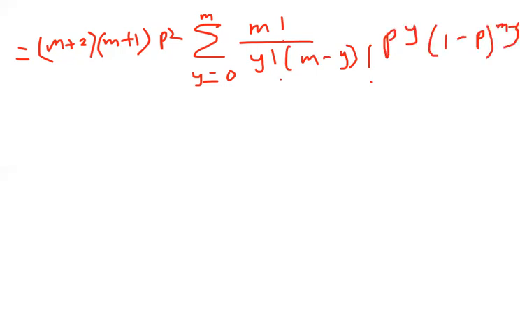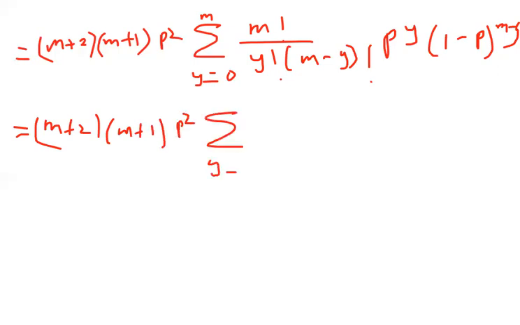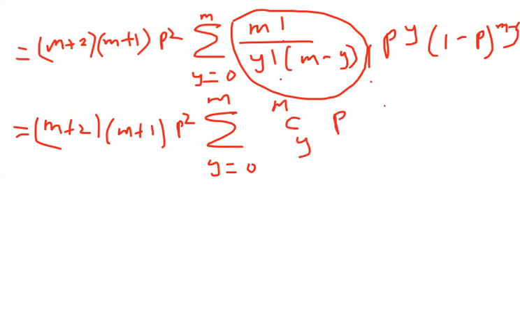So the same as m plus 2, m plus 1, p squared, summation of y equals 0 up to m, and this expression here is the same as m combination y, p exponent y, 1 minus p exponent m minus y.